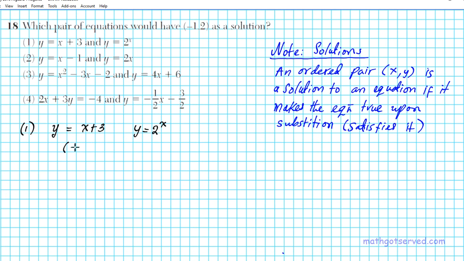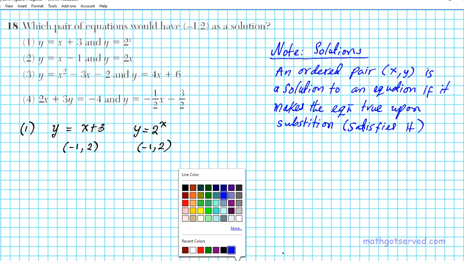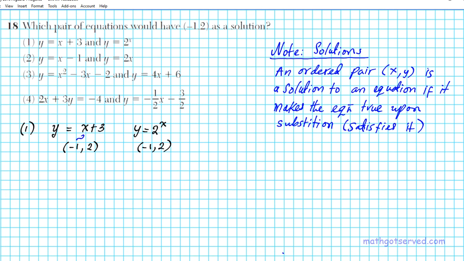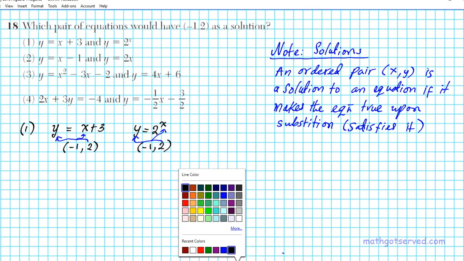The solution we are testing is negative 1, 2 for both equations. The negative 1 goes into the x spot, and the 2 goes into the y spot. We're going to substitute.